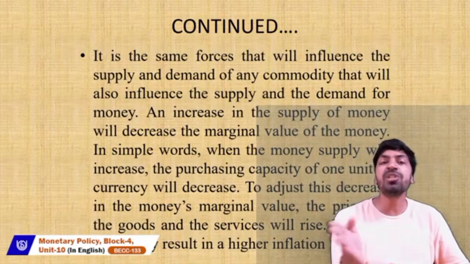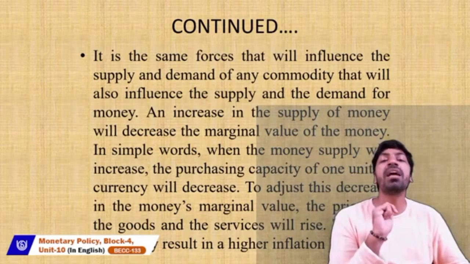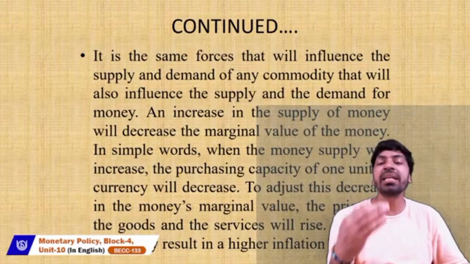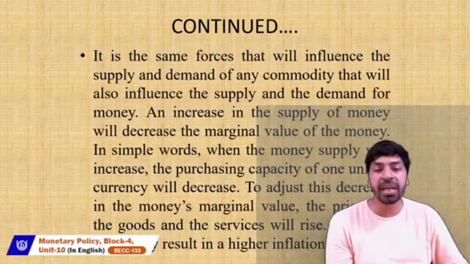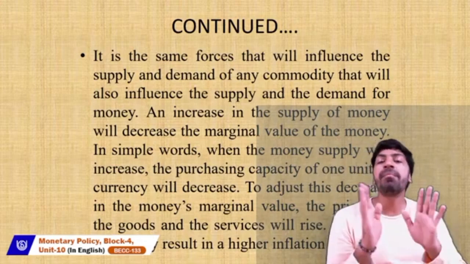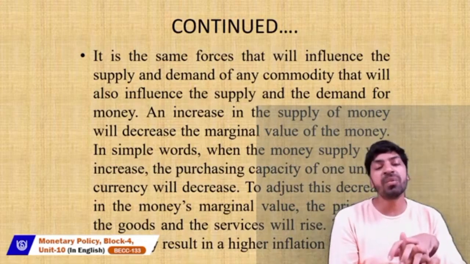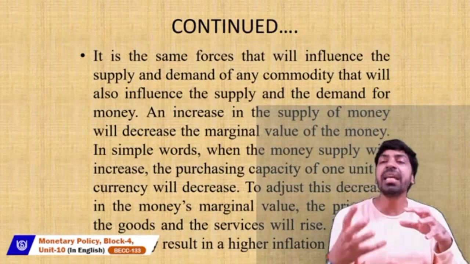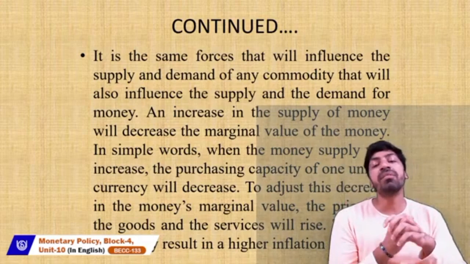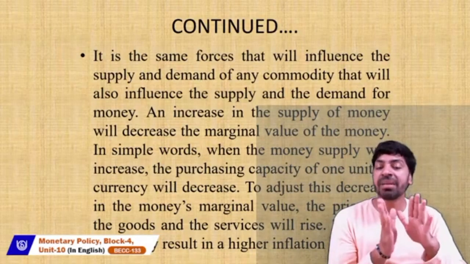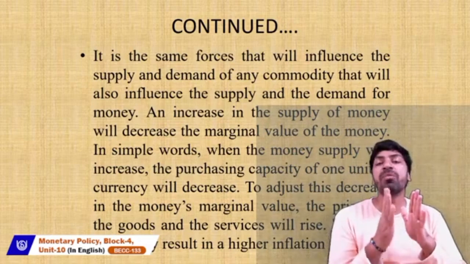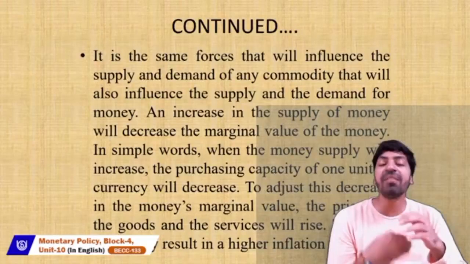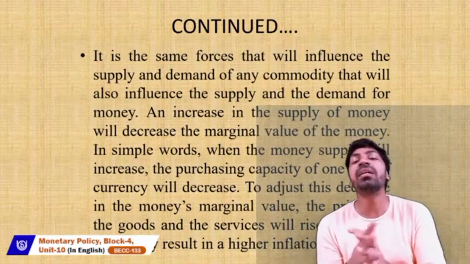If there is any increase in the supply of money, then automatically the marginal value, the additional value of the money, decreases. In a simple manner, when the money supply increases, the purchasing capacity of the customer for any additional unit of currency also decreases. That means if the supply of money increases, the purchasing power for having one additional unit will automatically decrease.